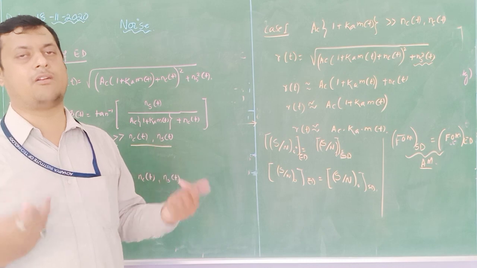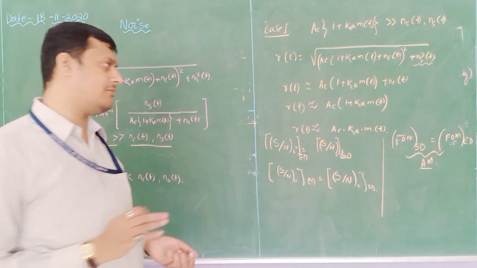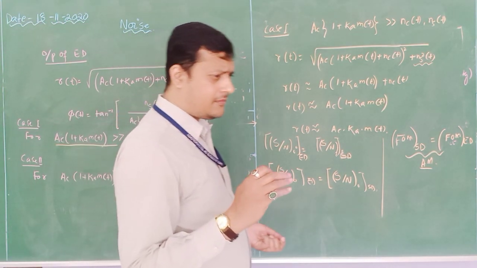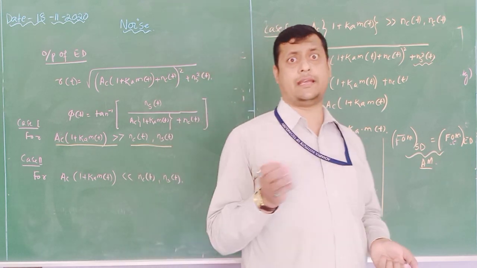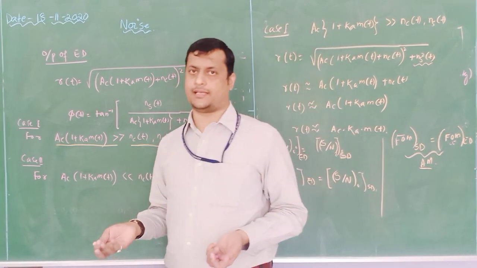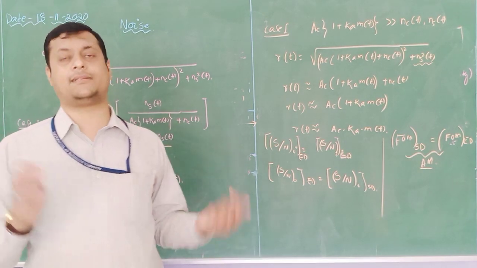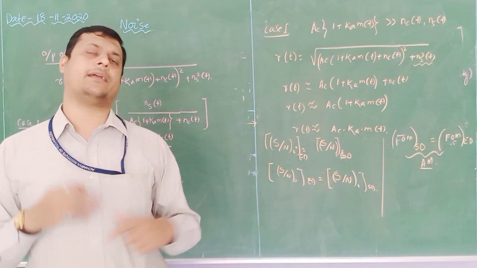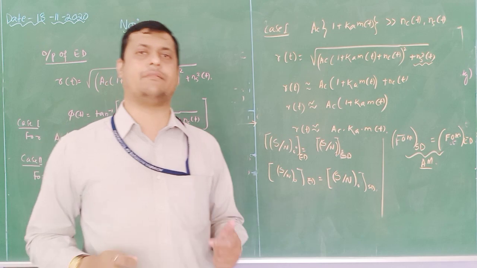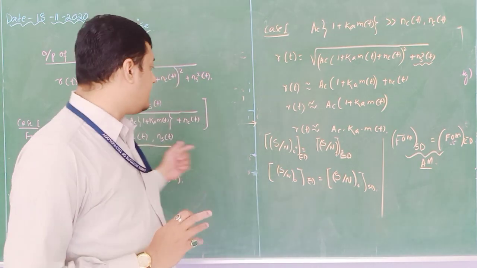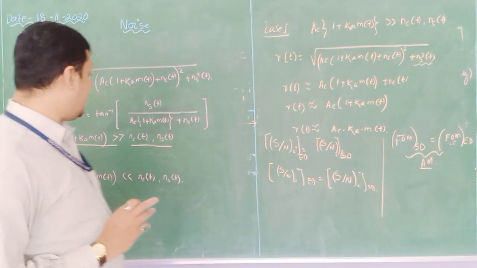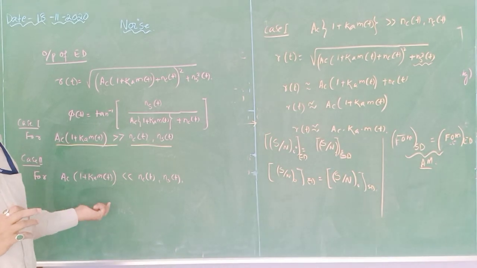It is only the noise. Remember this: when we are dealing with envelope detection, first we add, then we process. But in synchronous detection, we process individually, then identify the signal to noise ratio. Here in the second case, it is called multiplicative noise.